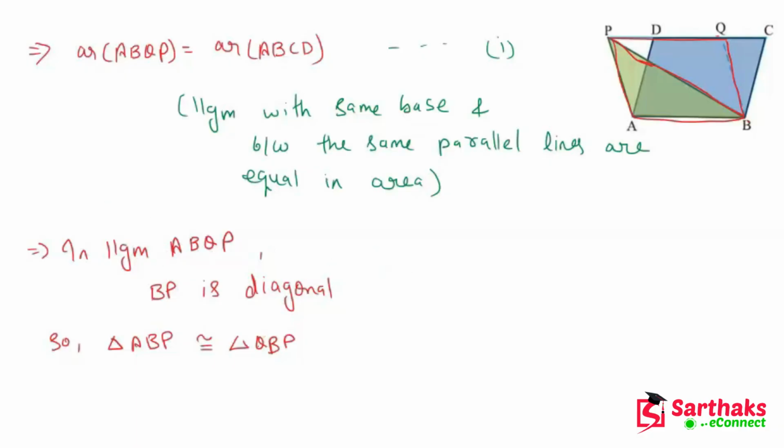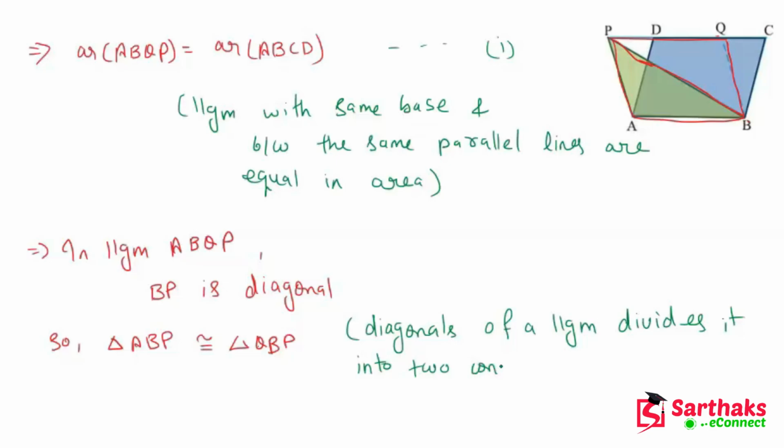So we write: because diagonals of a parallelogram divide it into two congruent triangles. Got it?